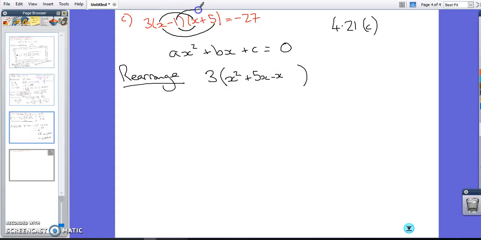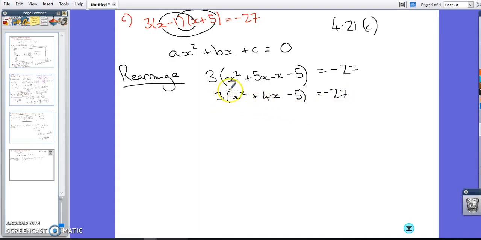Then finally, the number with the number, which gives me -5, equals -27. And actually that gives me 3 times x squared, 5x take x is plus 4x, minus 5 equals -27.